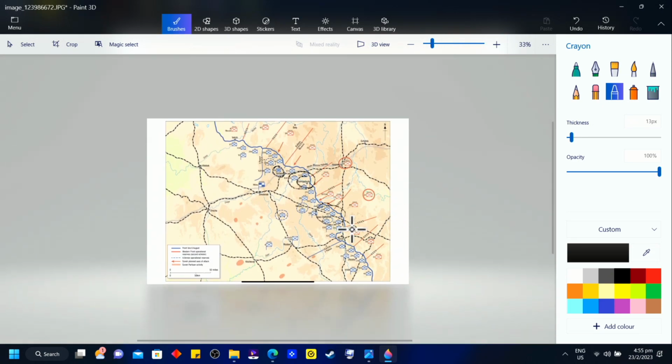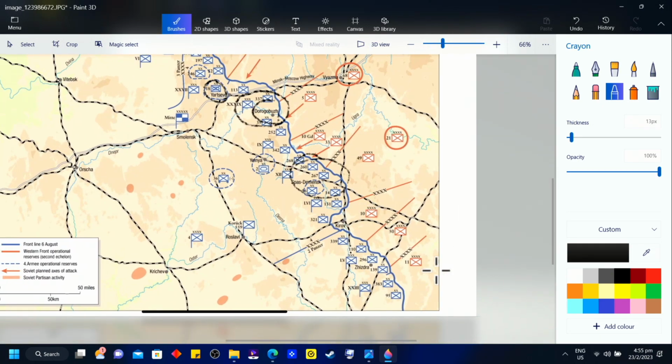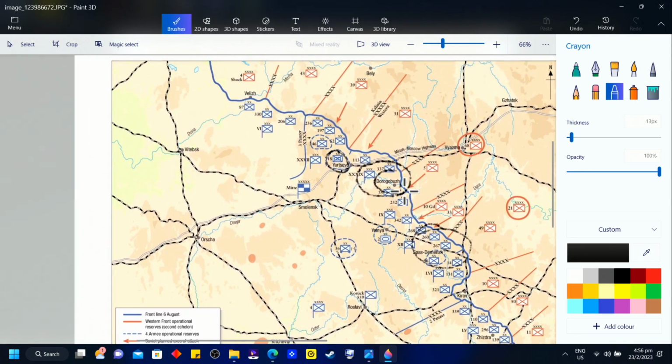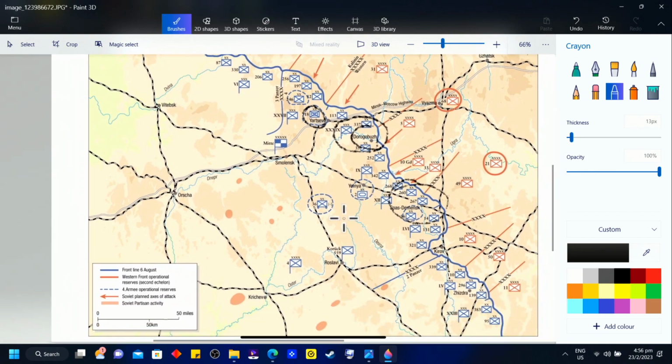At the same time, Walter Model, the commander of the Ninth Army, was withdrawing from the Rzhev salient. He was trying to shorten the line by withdrawing from the large Rzhev salient. So basically Model was able to provide a few more divisions to shore up the Fourth Army defense at Smolensk.